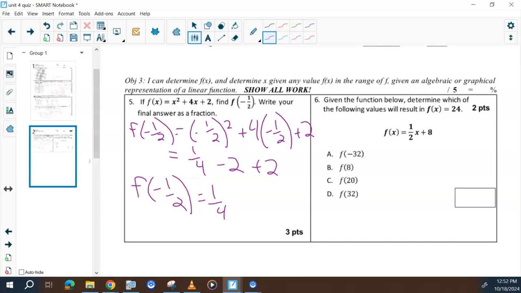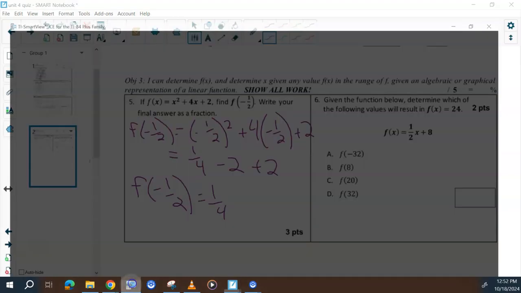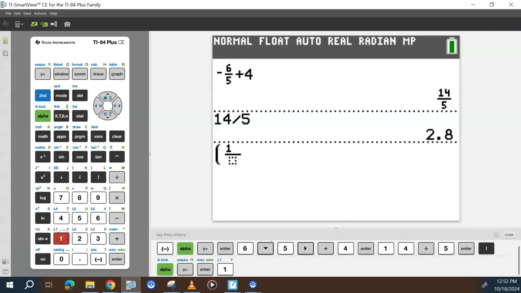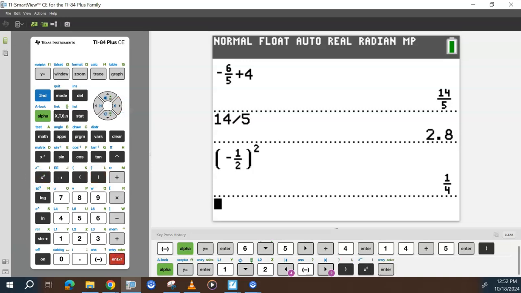Question on one. So, just so that you can see, if you use parentheses, you get a positive.